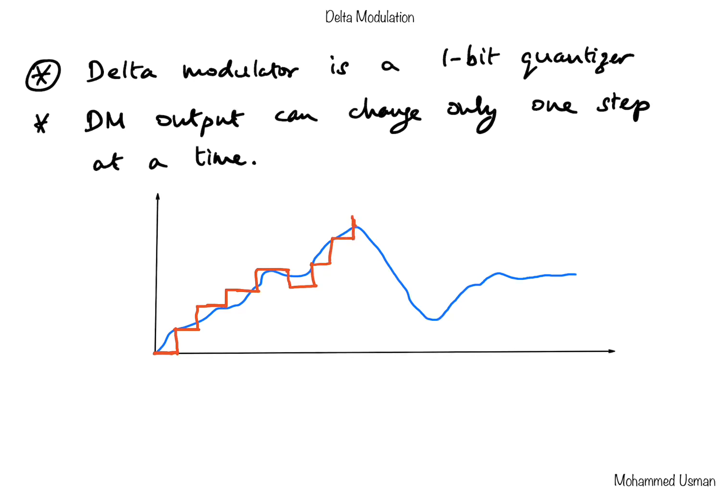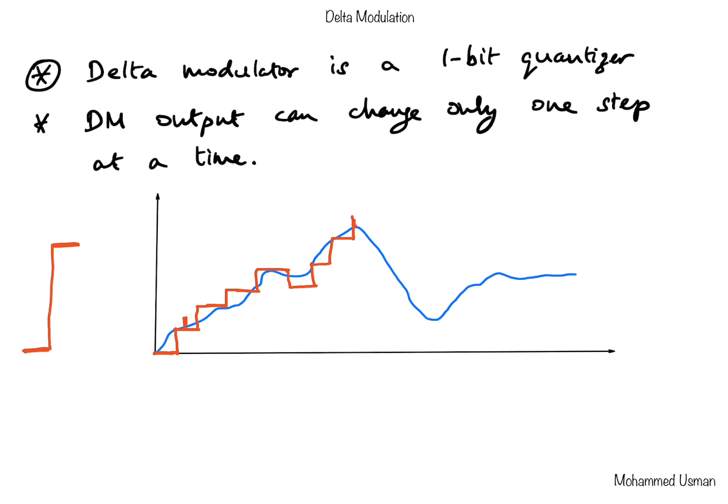So it can move only one step at a time. Unlike in DPCM, where it is possible that we have one sample at one quantization level and the next sample at some other quantization level at a much higher level, in delta modulation it can jump only one step at a time. So if it's a 1, it will go up one step, so that corresponds to a 1.